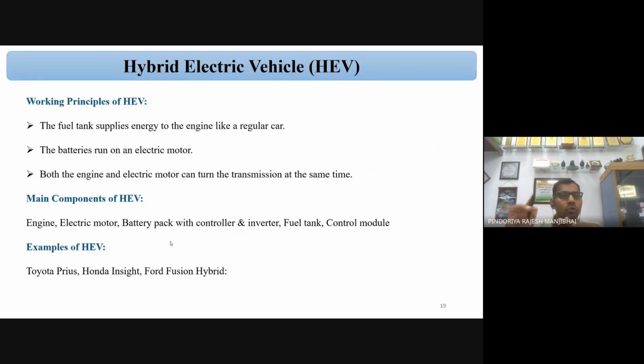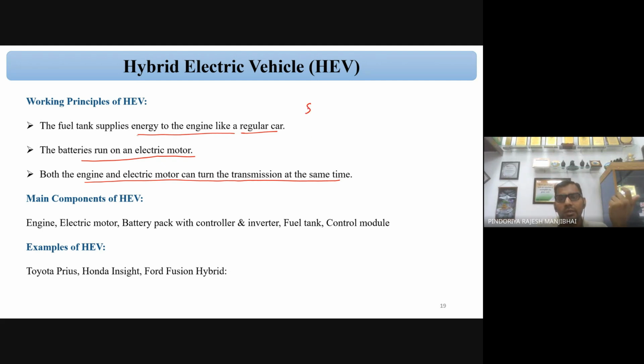Working principle. So normally, the fuel tank supplies the energy to the engine like a regular car. The battery runs the electric motor. Both the engine and electric motor can turn the transmission at the same time. So normally what people do, in the starting condition, people use the ICE engine.